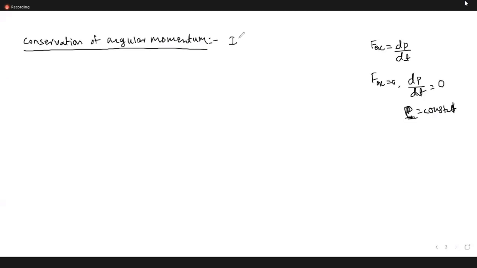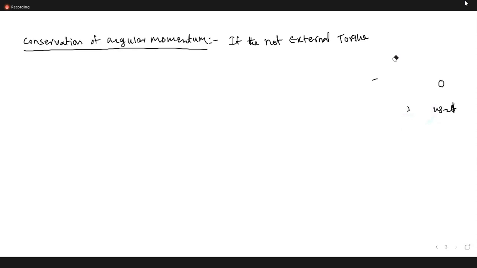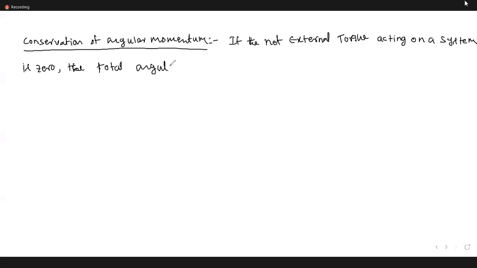So write down: if the net external torque acting on a system is 0, the total angular momentum remains constant.